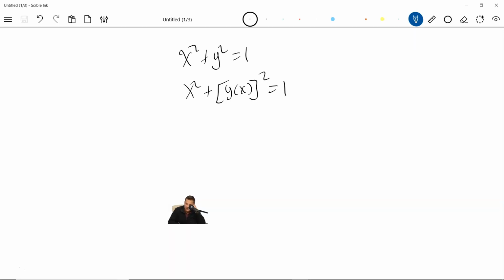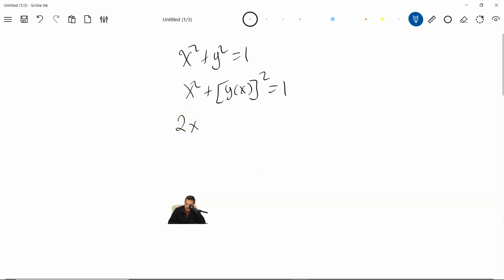I'm going to now differentiate x², so that becomes 2x by the power rule. That term that contains the y of x and then squared, that has to be done with the chain rule because it's a y of x, in parentheses, and the whole quantity is squared. So 2y of x, and then you have to differentiate the inside, which is y of x.